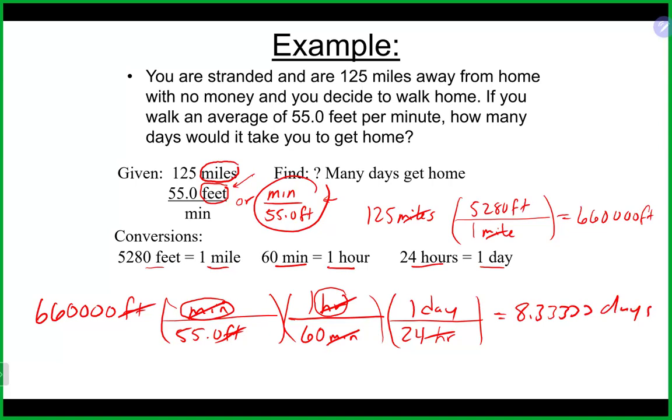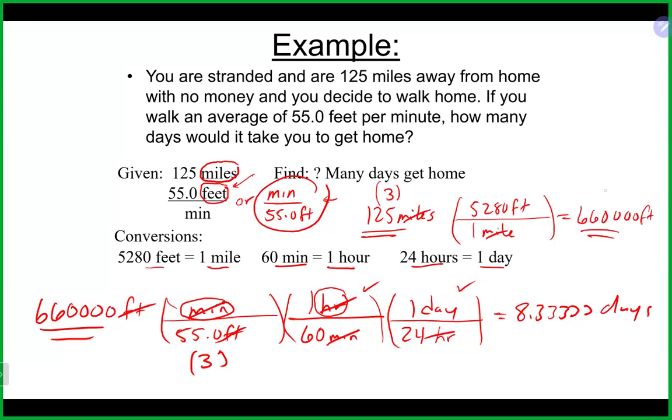So significant figure wise, we want to figure out what's going on. We don't have to worry about that. Obviously, that's an exact conversion, right? We don't have to worry about that one. That's an exact conversion. We do have to worry about this one, right? The 55, which has 3 significant figures, right? We do have to worry about the original number, right? But that original number actually came from this number, which has how many significant figures? 3, right?